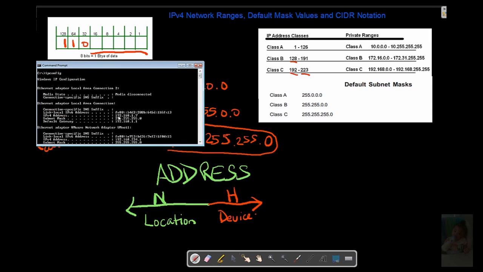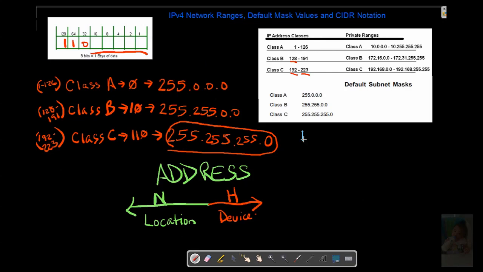We're dealing with 192.168.1.7. You see that mask value underneath of 255.255.255.0. Okay? So 192.168.1.7. This is our mask.